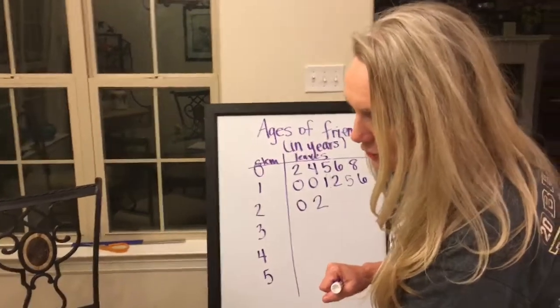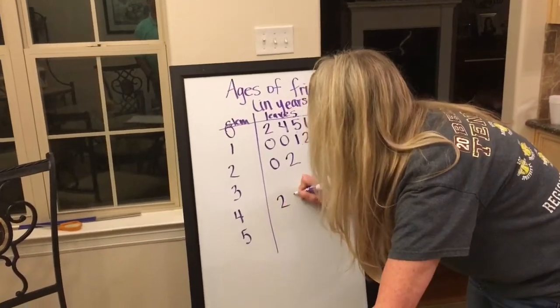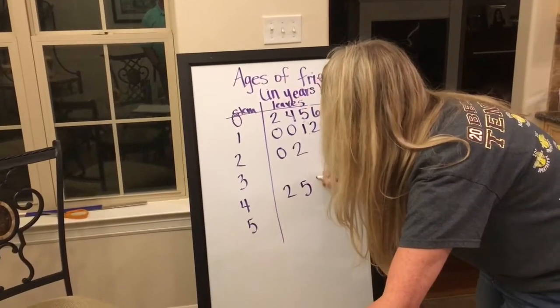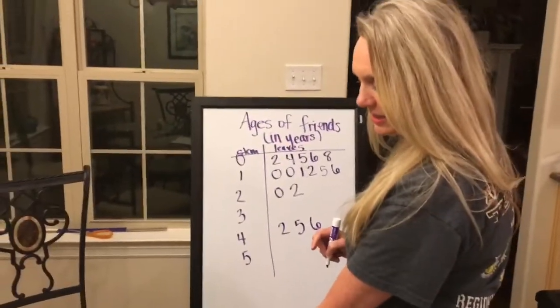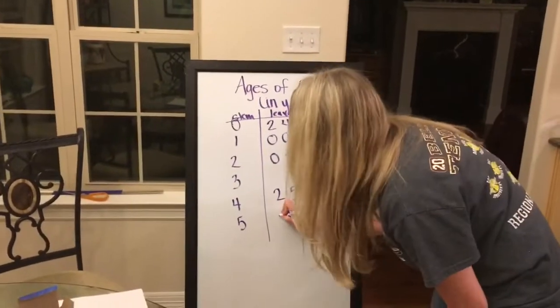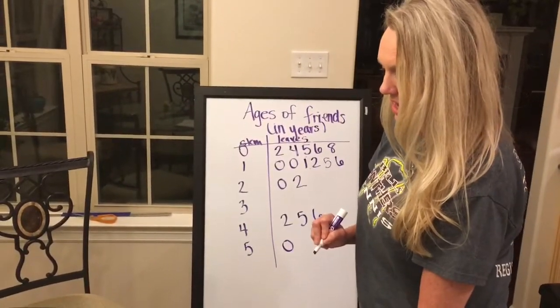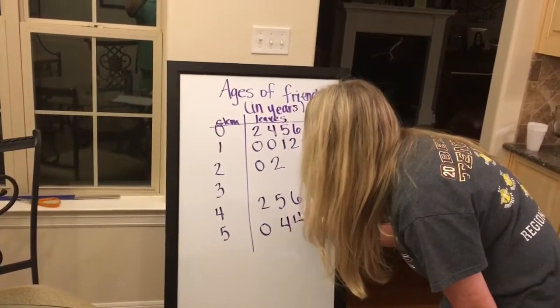Looking at my 40s, I have a 42 and I have a 45 and a 46. Next I go to 50s and I have 50 and I have 2 54s.